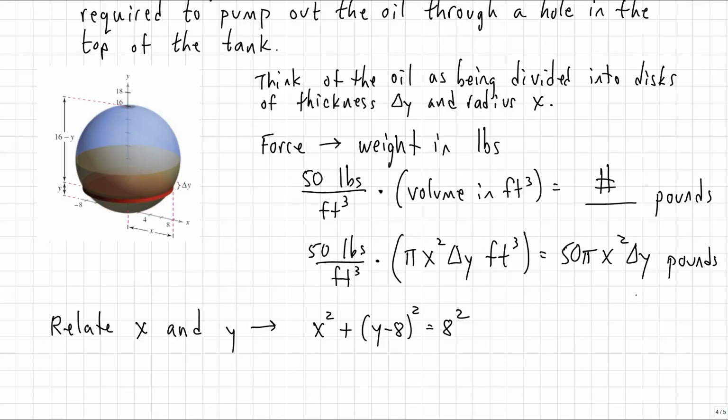This sphere in 2 dimensions is just a circle whose center is 0, 8, and radius is 8. So we use our equation of a circle to relate x and y. Basically we get that x squared is 16y minus y squared.